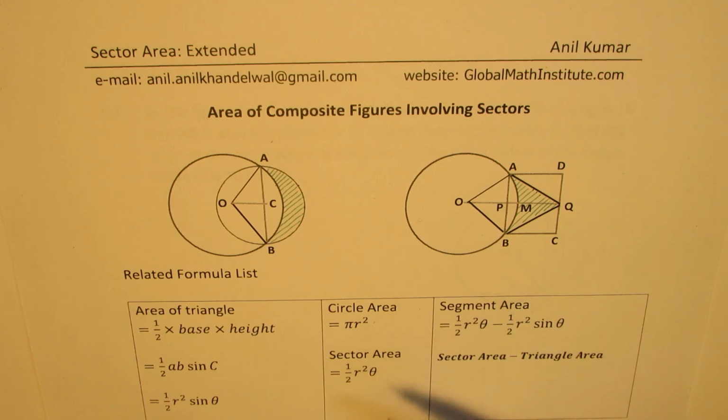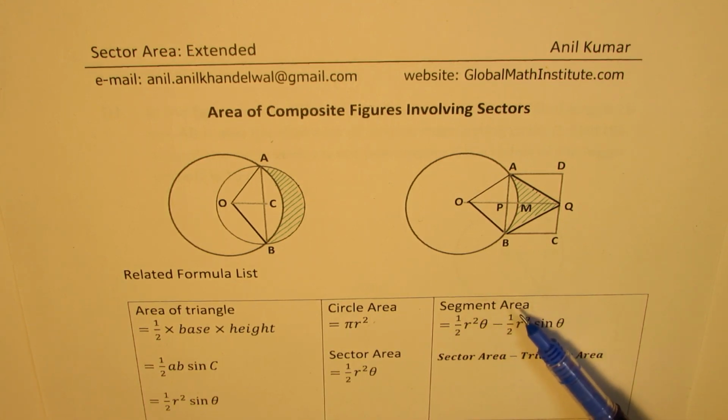Circle: pi r squared. Area of the sector is half r squared theta. You can always see the similarities between the triangle and sector area. Half r squared theta is the sector area, but when you write sine theta, it becomes triangle area, right?